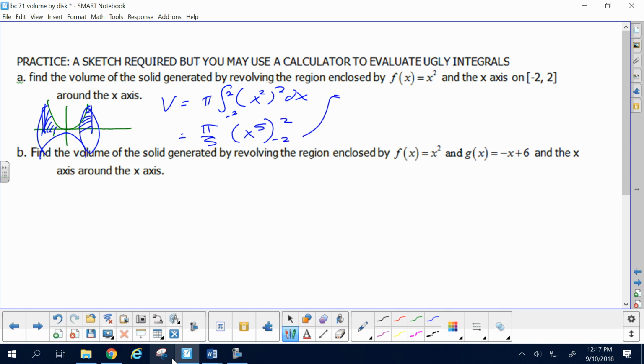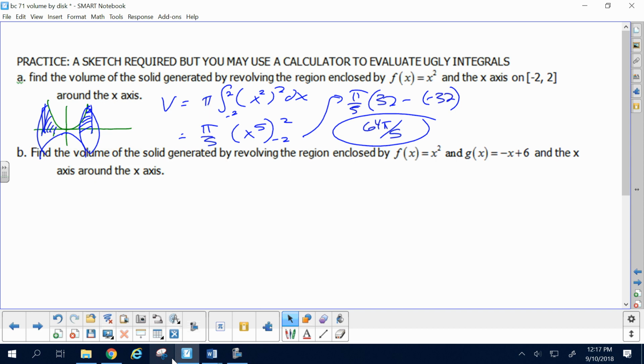So did you get something like pi over 5 times 32 minus negative 32? So did you get 64 pi over 5? Yes? Okay. That's cubic units, that's volume. We're not gonna put units on, I'll explain later, but for now, don't worry about the units.